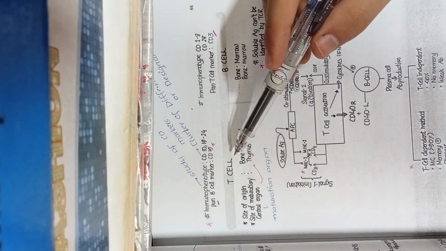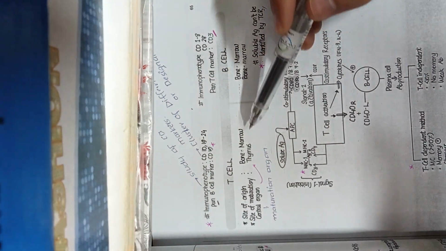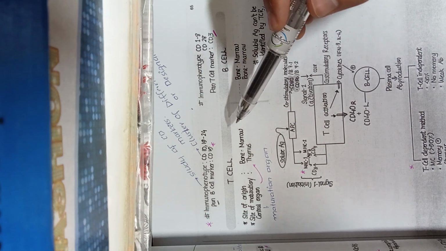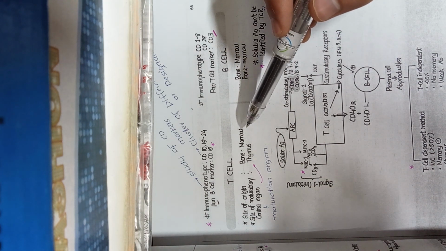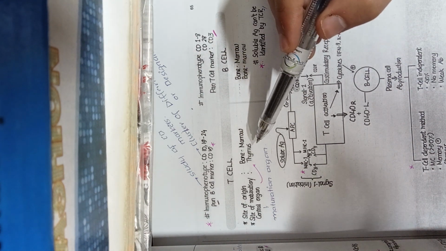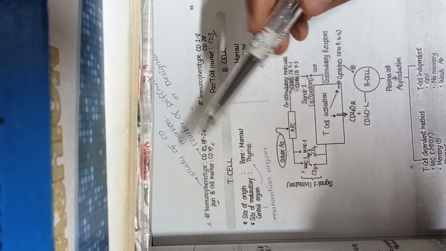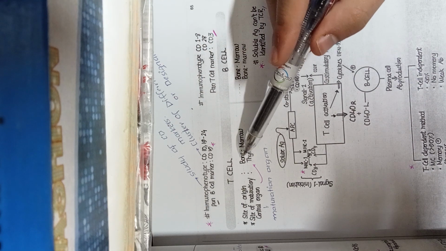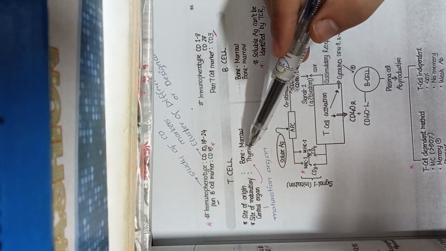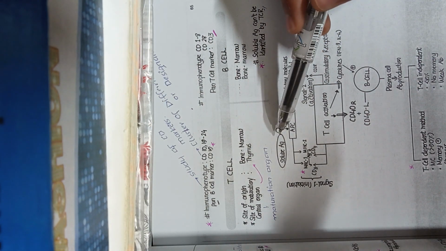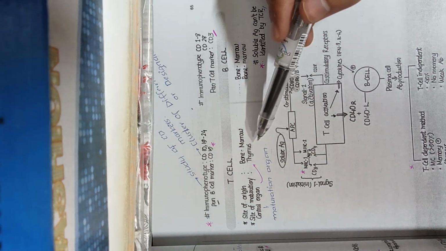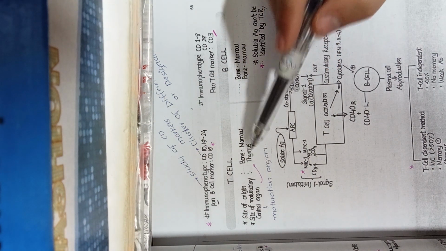So T cell, the site of origin is bone marrow. In bone marrow they originate but they mature in the thymus. You can remember T for T. So thymus is the central organ. Central organ means organ of maturation. Organ of maturation is thymus.